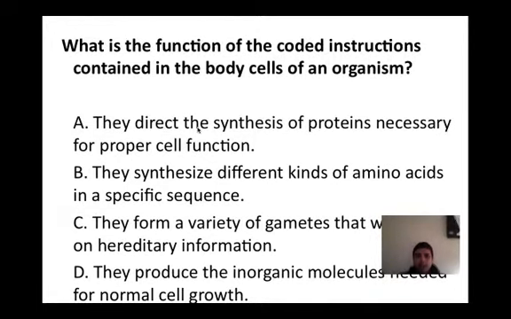So knowing what DNA is, what does DNA do? What's the point of DNA? Is DNA itself going to synthesize different kinds of amino acids? Does the DNA create or make different kinds of amino acids? Or does it direct the synthesis of proteins necessary for proper cell function?